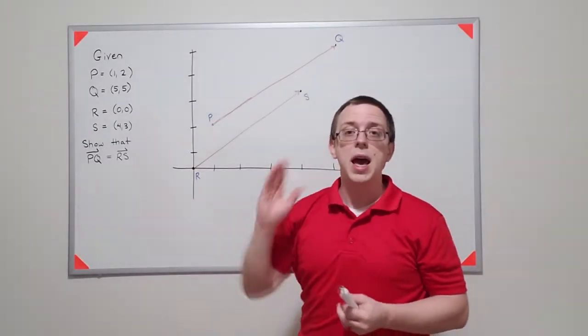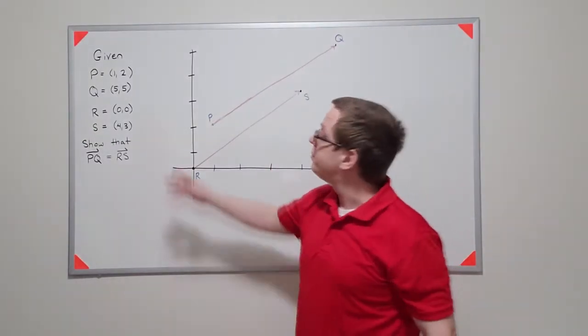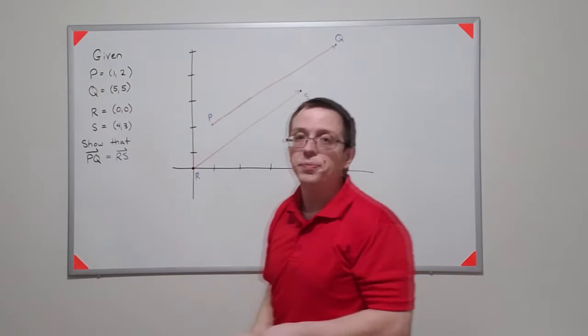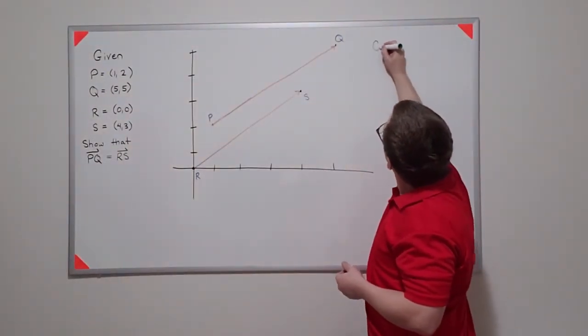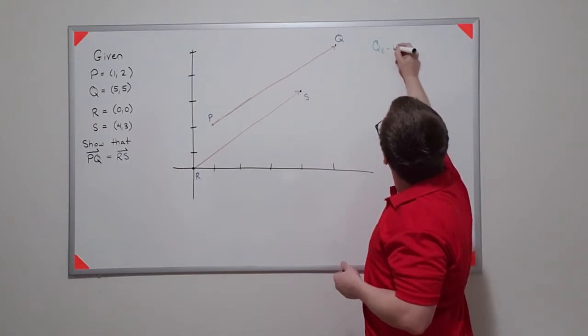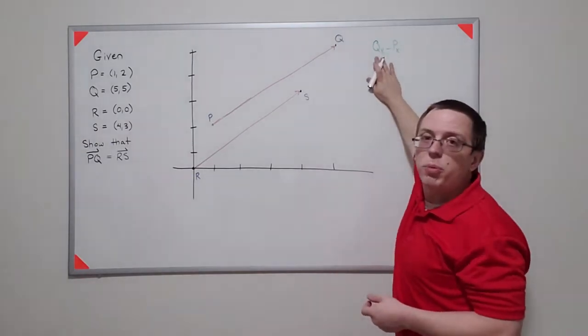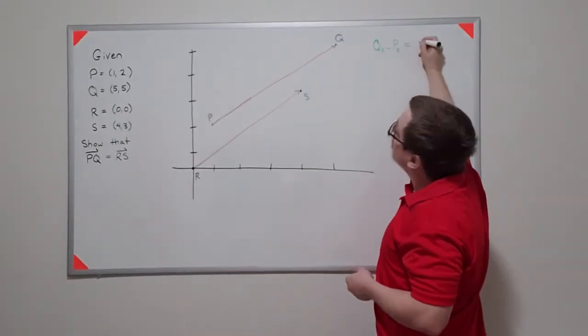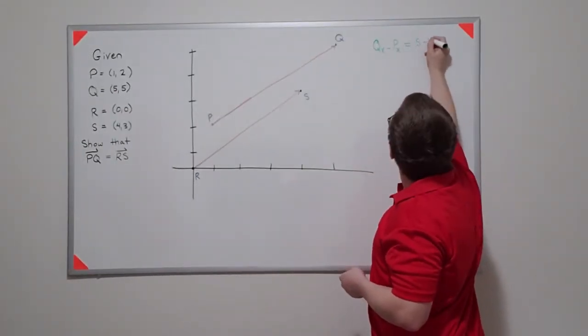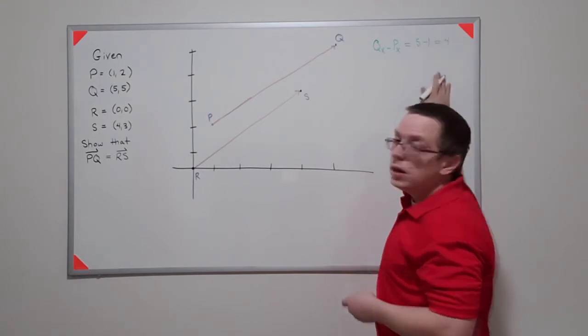So let's see if the x differences are equivalent. So we have P to Q. So the x component of Q minus the x component of P is 4.